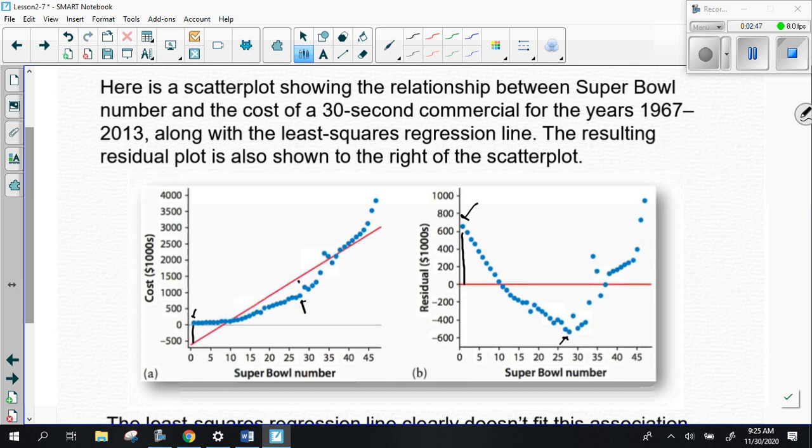We look and we see the distance away. It's right next to another point that is a shorter distance. This is a fairly good distance away, and it's right next to another point that's a distance below. So all this is measuring the distance above or below the least squares regression line, and this is our residual plot.